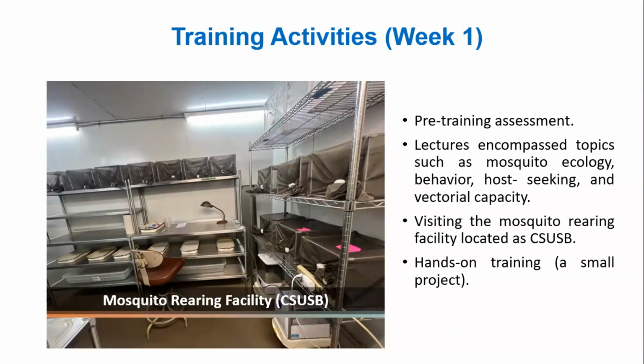In week one, they were also able to visit the rearing facility located at CSUSB, where they were able to see the different materials that we use and familiarize themselves with the different stages. We divided them into three groups, and each group collected first instars because we wanted them to see the evolution all the way to adults, to have the full experience.